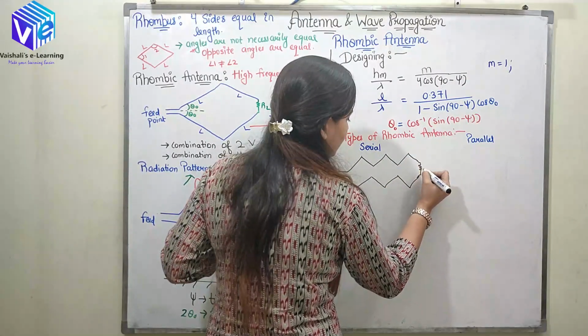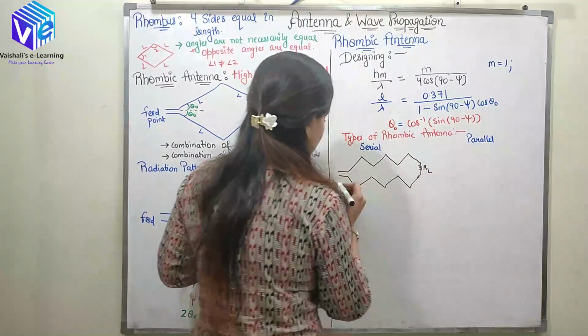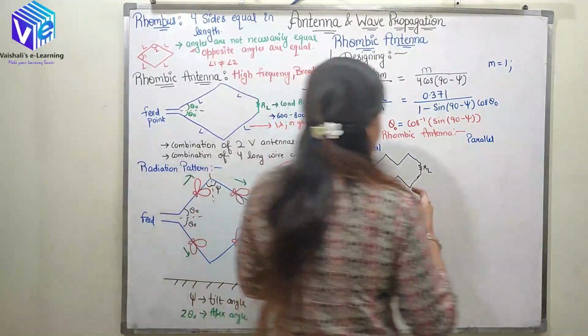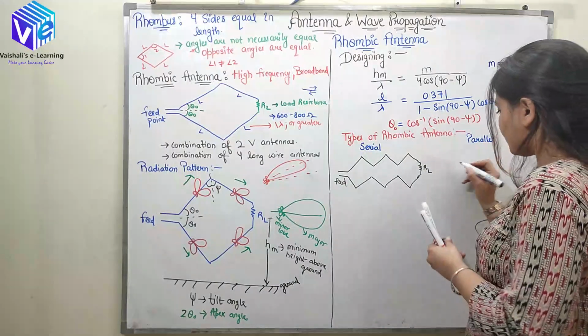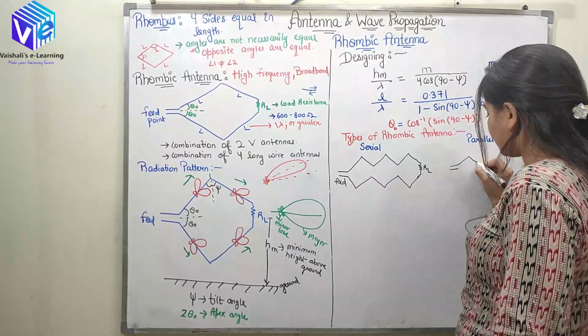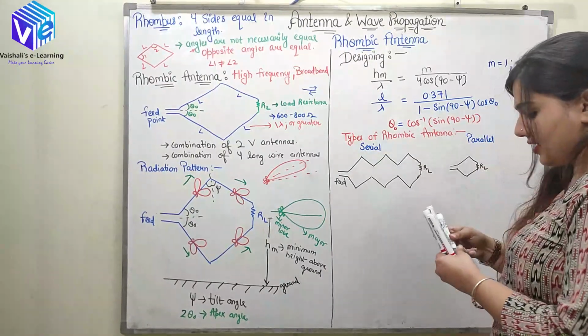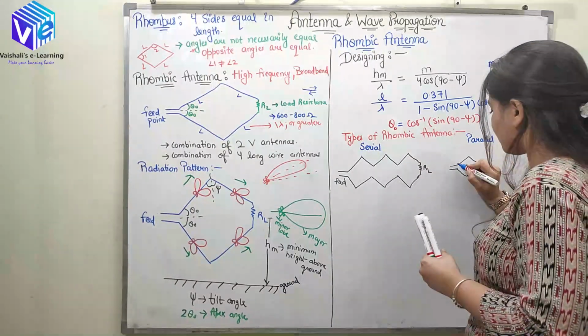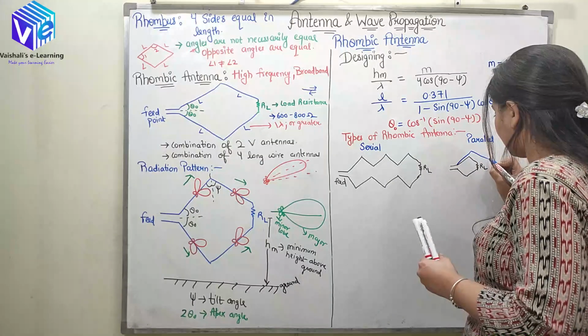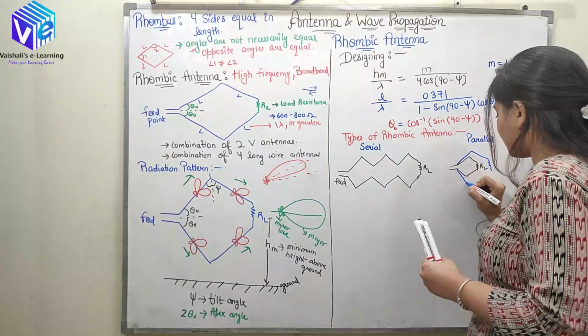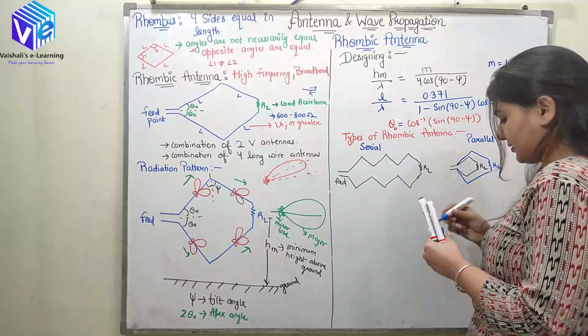After that it is connected to the load resistance. In the parallel connection, this is my feed, this is my rhombic antenna, this is my load resistance. Now it is connected in parallel, so it has another rhombic antenna which is connected to another load resistance.